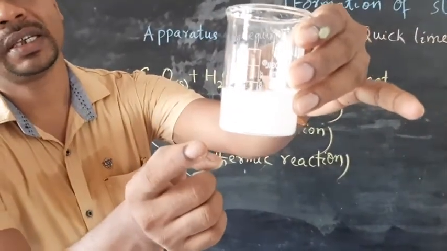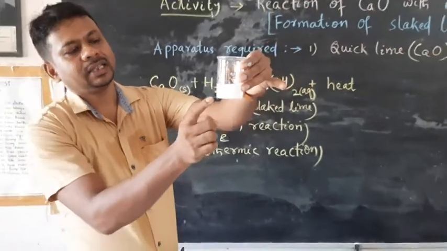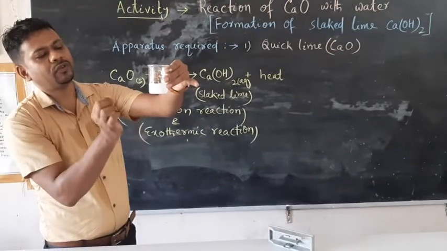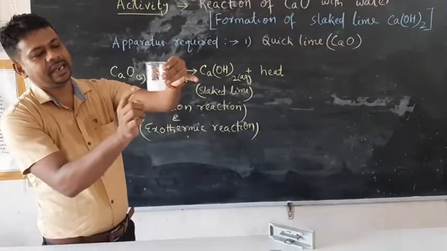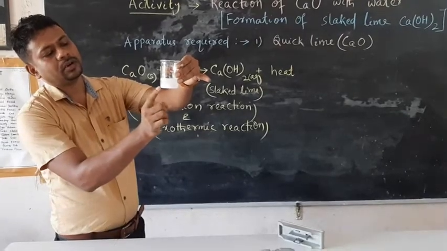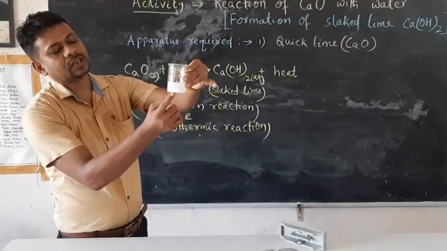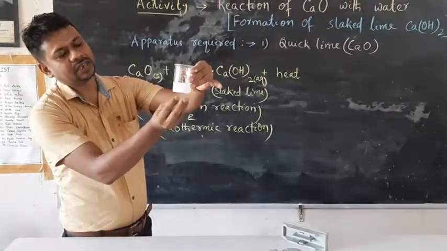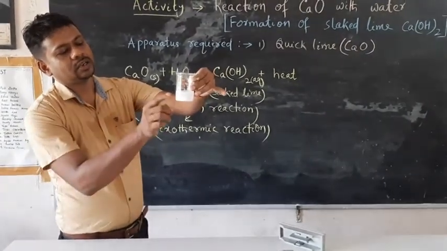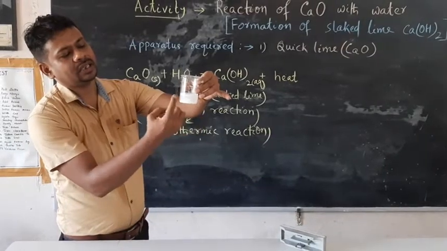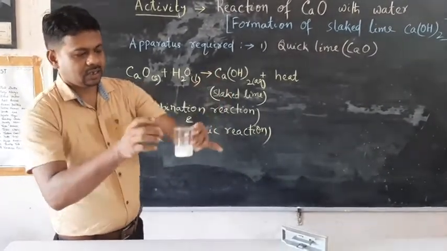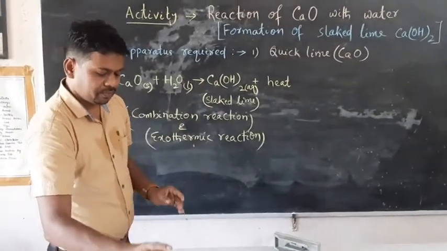It means this calcium hydroxide is not fully soluble in water. It dissolves in a little amount, but some substance has settled down at the bottom of the container. You can see the upper clear liquid is calcium hydroxide, that is called slaked lime.